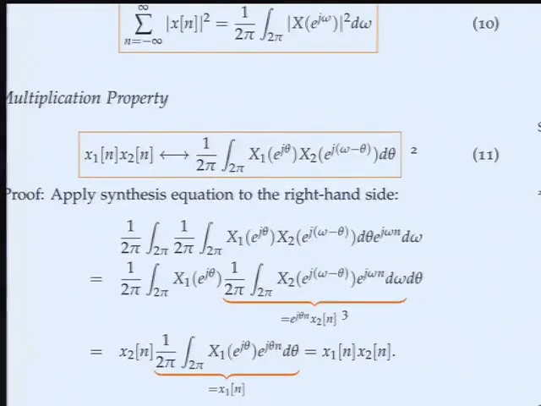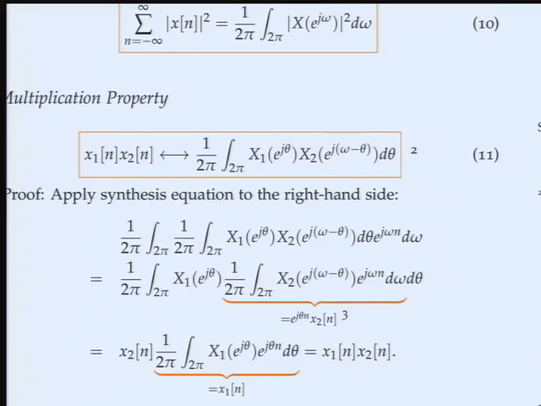What's happening is that we are basically going backwards to justify this property. So we are taking the right-hand side of 11 and applying the synthesis equation to it. The synthesis equation involves 1 over 2 pi, and then we integrate this whole thing over omega.